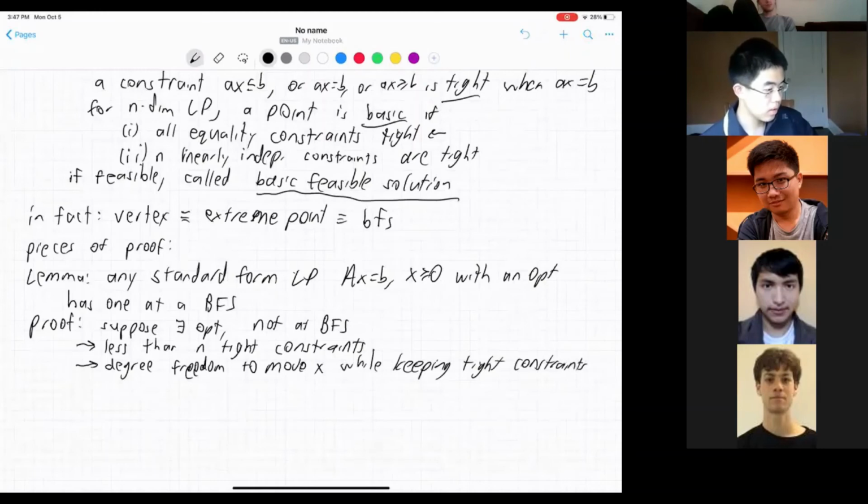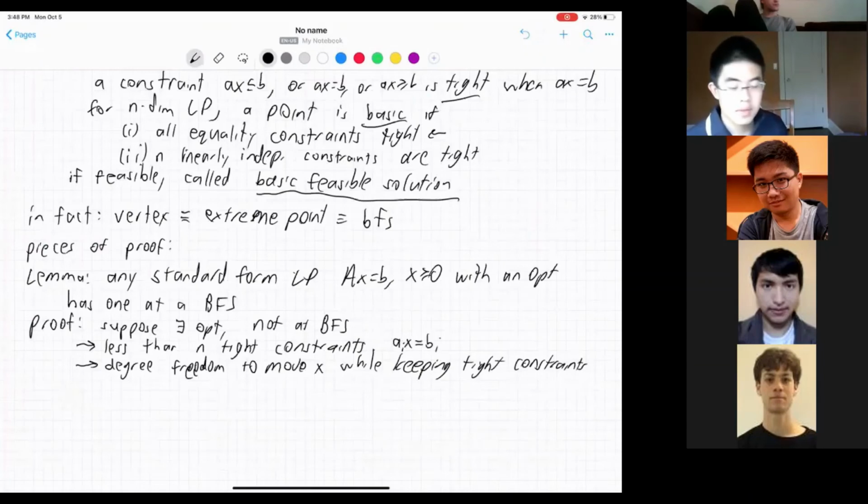Each of the tight constraints is a hyperplane in our vector space, and each has the form AIX equals BI. I have fewer than n of them. So if I take the intersection of fewer than n tight constraints, AIX equals BI, what do I get?